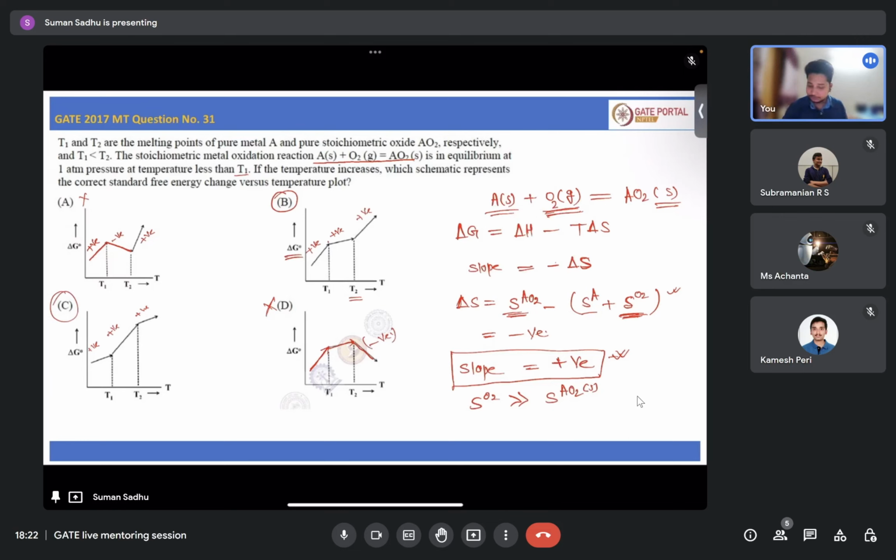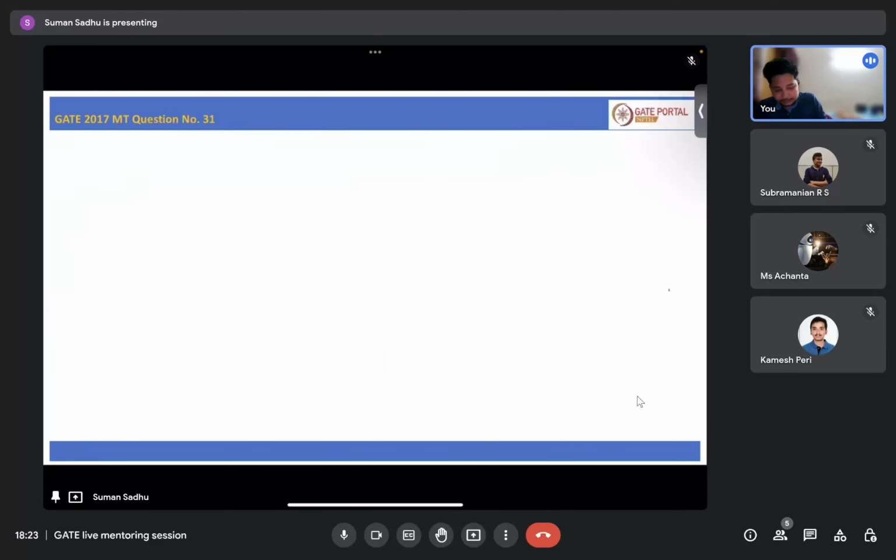Now what is the difference between option B and C? You can see that this is T1. T1 means the melting temperature of A, Tm of A, and T2 means Tm of AO2, right? So let's say you are below T1, somewhere here, and now you are increasing your temperature. When it reaches T1, what will happen? I'm writing the reaction again.